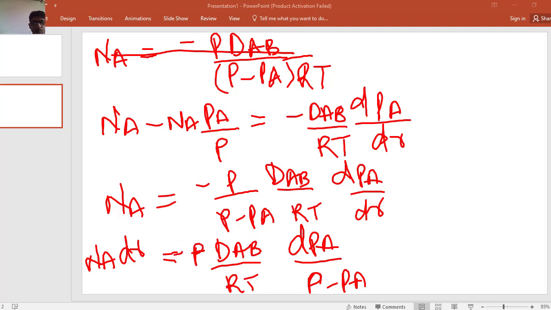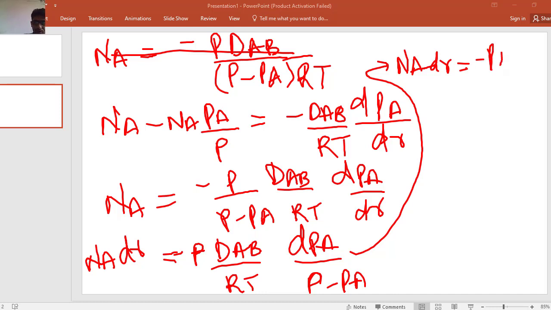We can also further simplify: NA dr is equal to minus P DAB divided by RT.